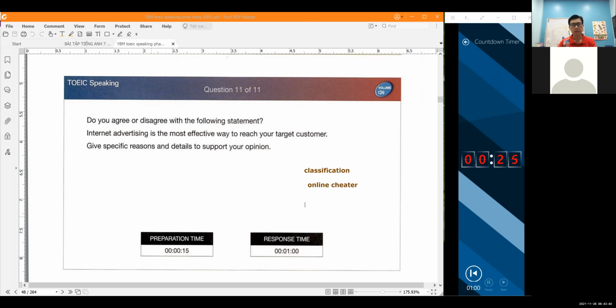So really, a lot of people don't believe in internet advertising. So totally, I think internet advertising is not the most effective way to reach the target customer.